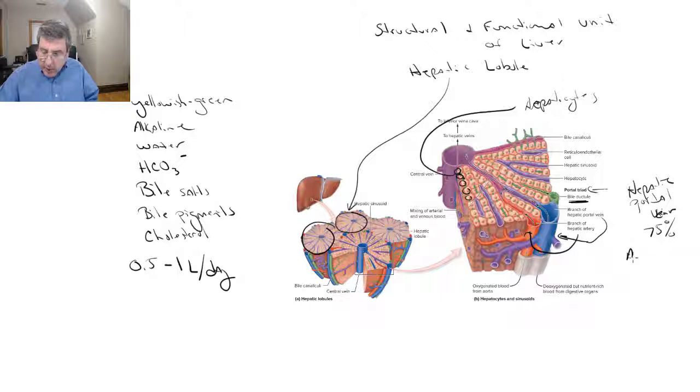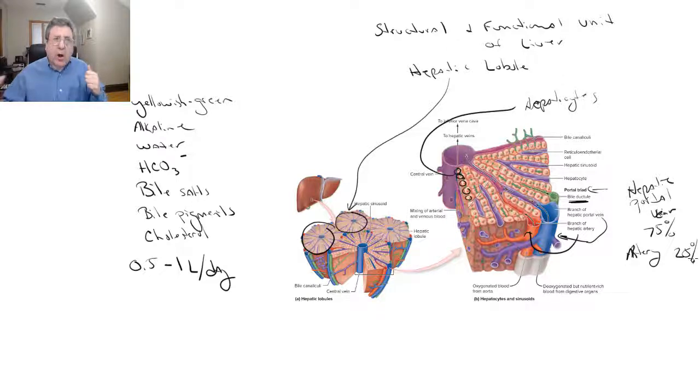The artery accounts for 25% of blood flow. Okay, so I'm not so concerned with the artery in this case. I'm more looking at the hepatic portal vein. That's obviously 75% of the blood flow to the liver.